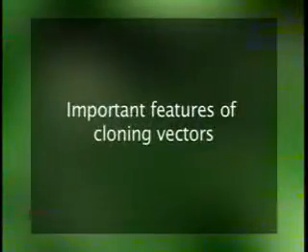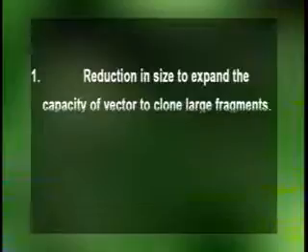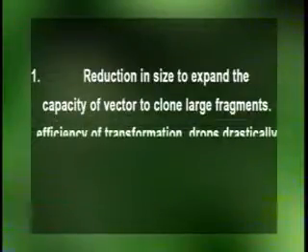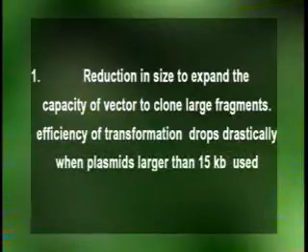Now, we will discuss some important features of cloning vectors. Number 1. Reduction in size of vector to a minimum to expand the capacity of vector to clone large fragments. Since the efficiency of transformation of bacterial cells drops drastically when plasmids larger than 50 kb are used, the size of cloning vector should be small, preferably 3 to 4 kb.